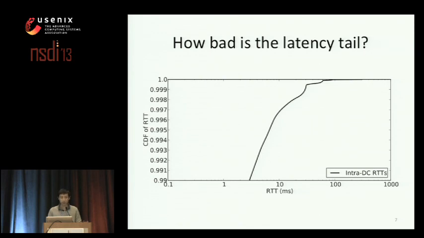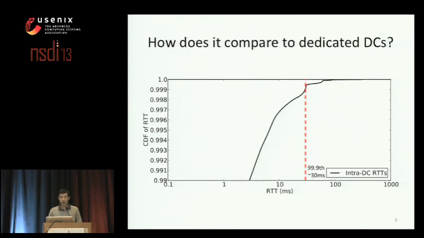The first question is, of course, how bad is the latency tail in EC2? Our measurements showed that at the 99.9th percentile, it is close to 30 milliseconds. If we compare that to the median latency, the difference is over an order of magnitude. Now, the next question is, how bad is that compared to dedicated data centers?